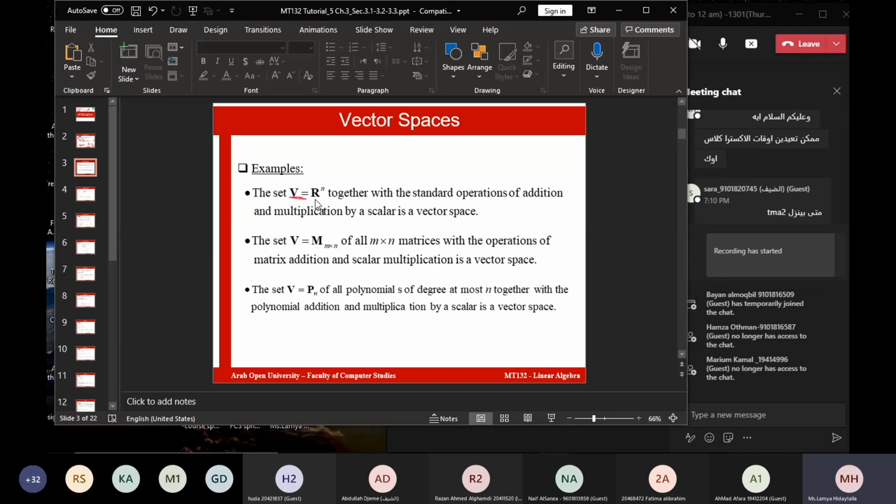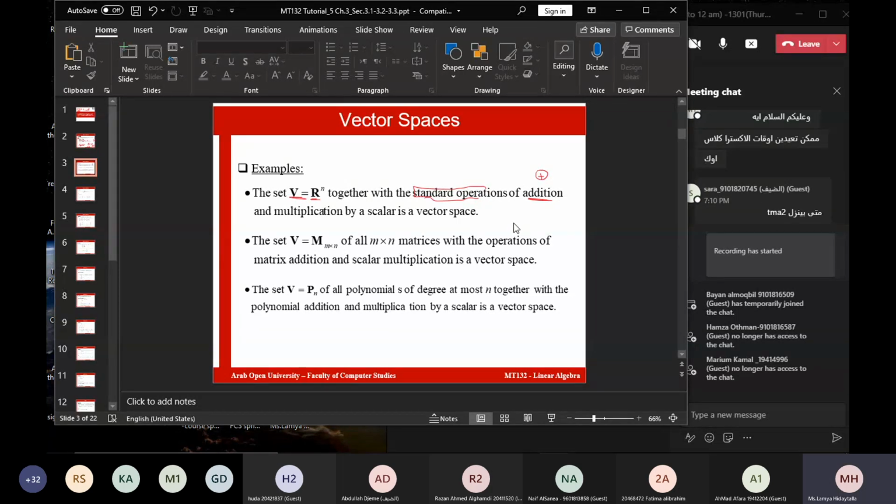The set of vectors in Rn together with the standard operations of addition, that means the normal way of adding vectors. When we say the standard operation, that is the normal way. Are there other ways?